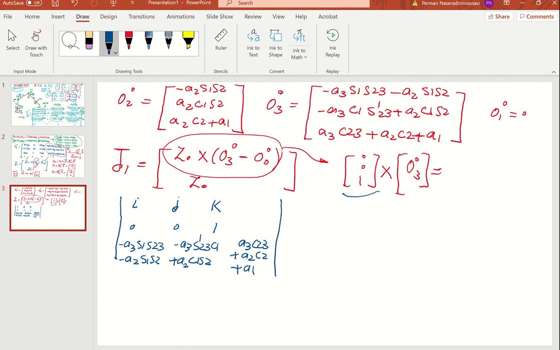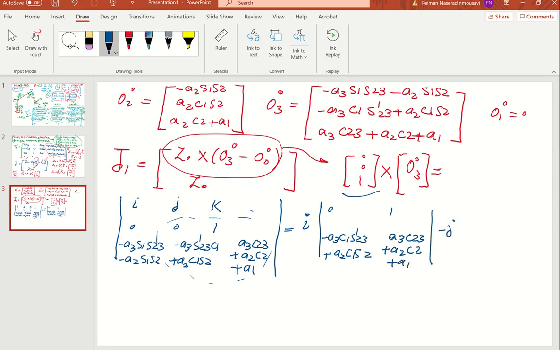Here we go. So this determinant is easy. The determinant of this part: 0, 1, minus a3 cosine 1 sine 23 plus a2 cosine 1 sine 2, and a3 cosine 23 plus a2 cosine 2 plus a1.